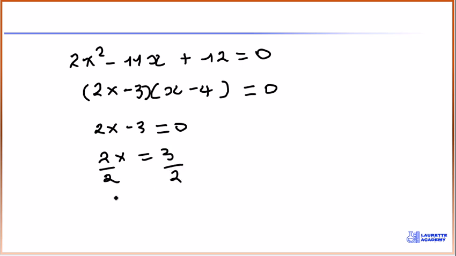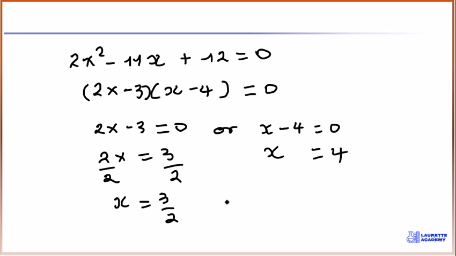And so we have x equals 3 over 2. Or x minus 4 is equal to 0. We add 4 on both sides of the equation to have x equals 4. So the two roots of the equation are x equals 3 over 2 and x equals 4.